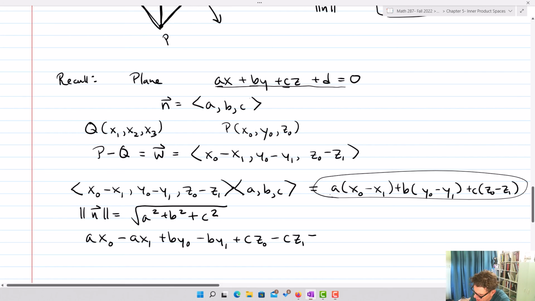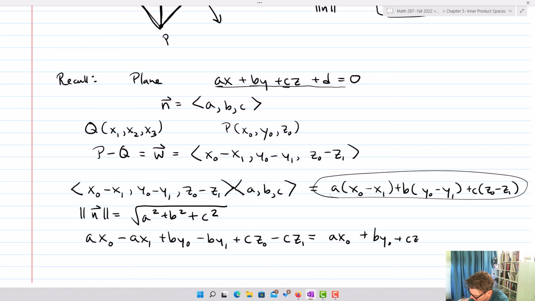It's going to end up equaling ax naught plus by naught plus cz naught minus ax1 plus by1 plus cz1, which, by the way, is essentially the normal vector times q.